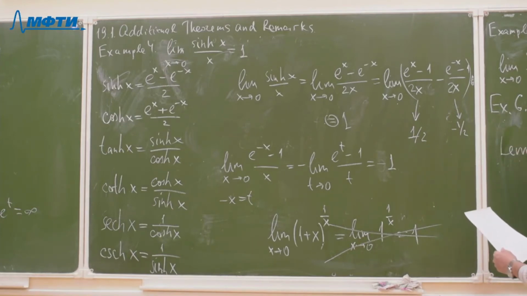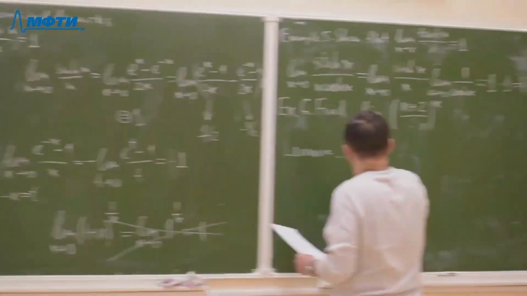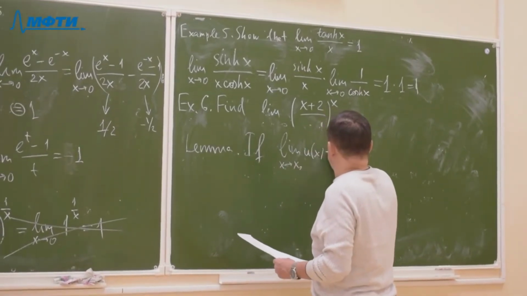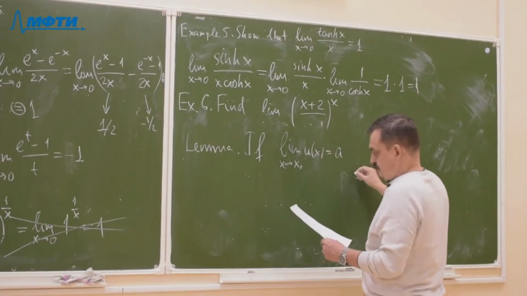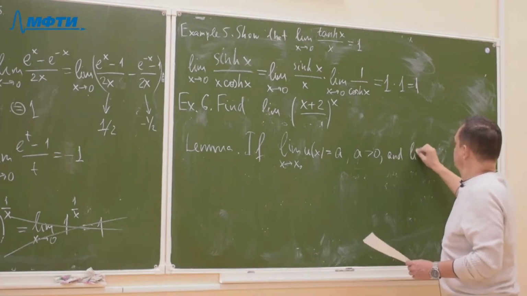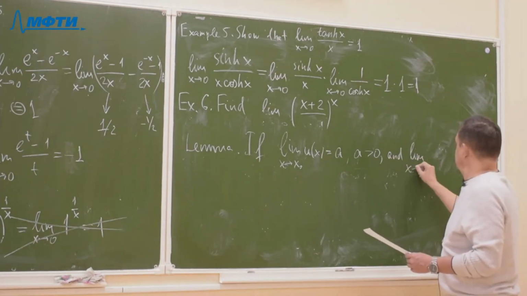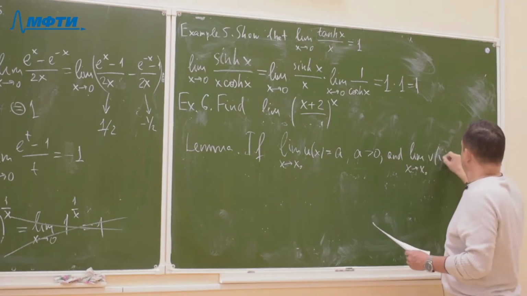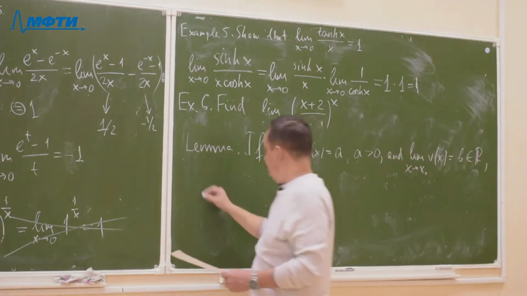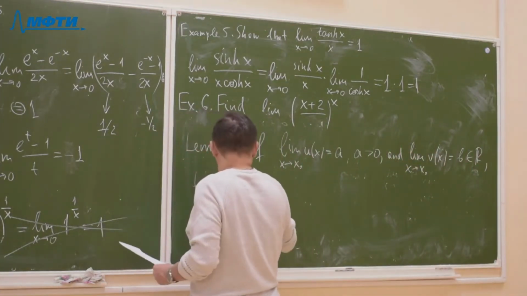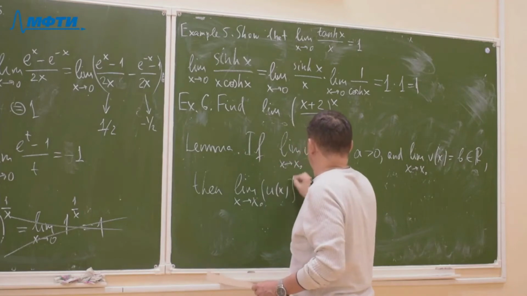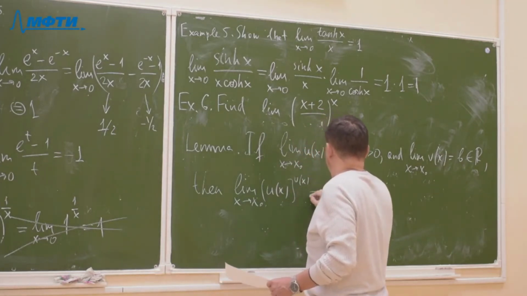Lemma: if the limit as x tends to x naught of u of x equals a greater than 0, and the limit as x tends to x naught of v of x equals b, real, then the limit as x tends to x naught of u of x power v of x equals a to the power b.